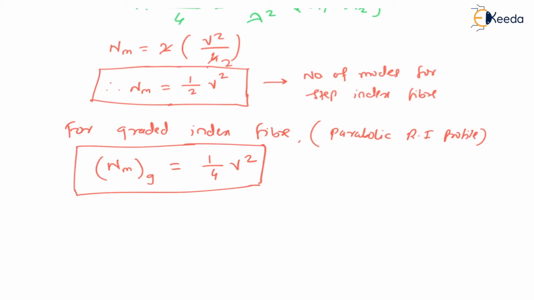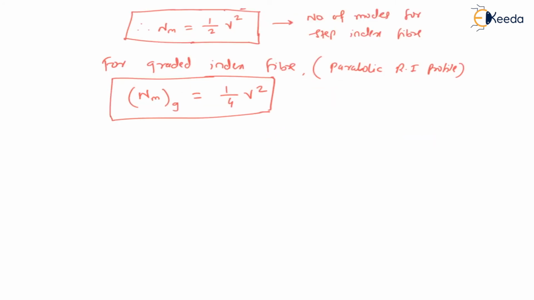We can use this formula for the number of modes carried by graded index fiber. Remember that there are different types of modes of data propagation in optical fiber, and each mode has a particular value of the V parameter.